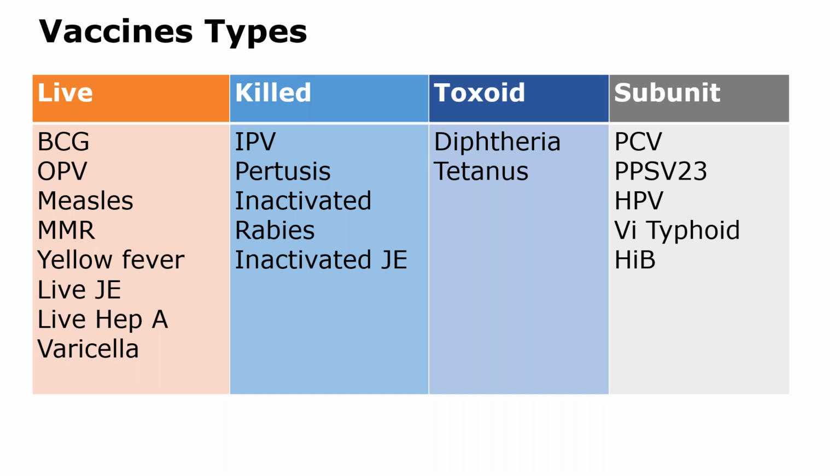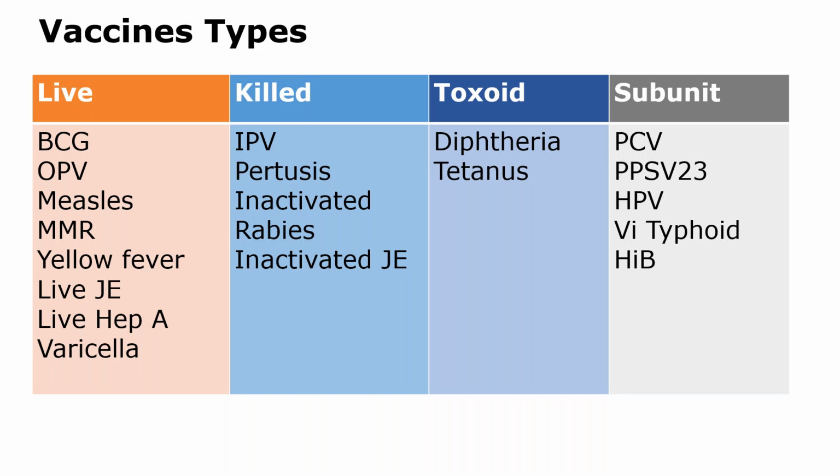Okay. We all know that the live vaccines include BCG, OPV, measles, MMR, that is the measles, mumps, rubella, or the MR vaccine also, the yellow fever, live Japanese encephalitis vaccine, live hepatitis A, and varicella. The killed vaccines include the injectable poliovirus vaccine, pertussis vaccine, inactivated rabies vaccine, and inactivated Japanese encephalitis vaccine.